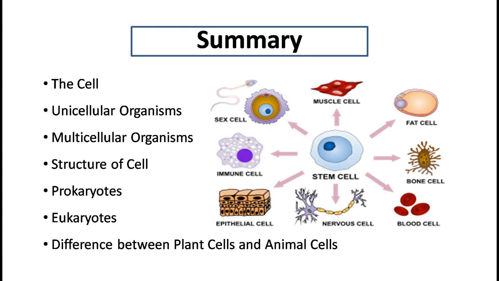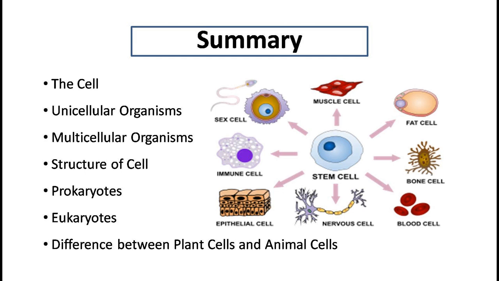So let us see what we have learned so far in this chapter. We have learned about the cell. We also have seen the unicellular organisms and the multicellular organisms. We saw the structure of the cell and the cell organelles which are present in the cytoplasm and their various functions.